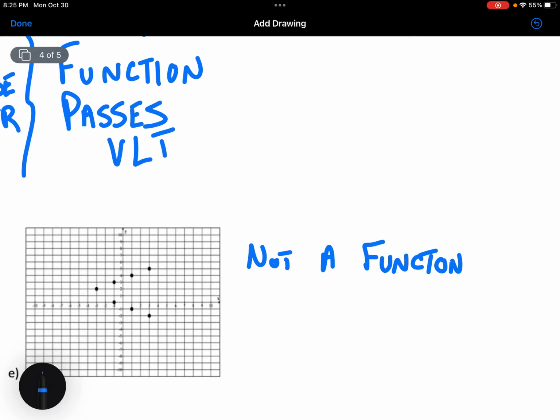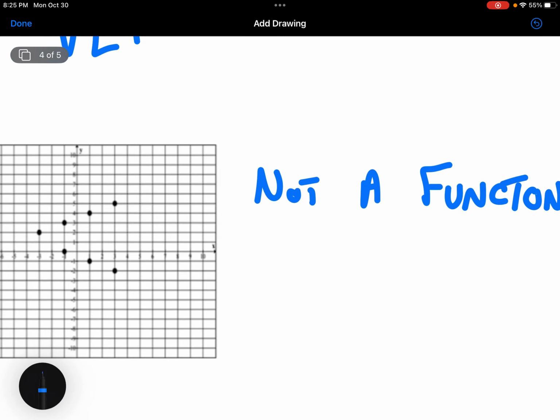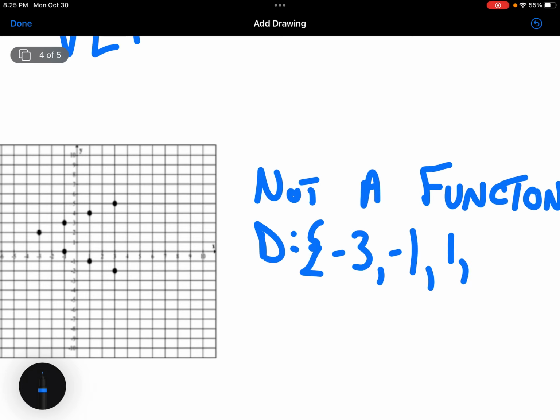And if we did our domain and range, because these are points, we're no longer going to put our brackets. We're going to just put each point. So we've got -3 for our domain, that's all our x's, -1, 1, and 3. Now this looks kind of like a sideways parabola or quadratic, the one we were just looking at.